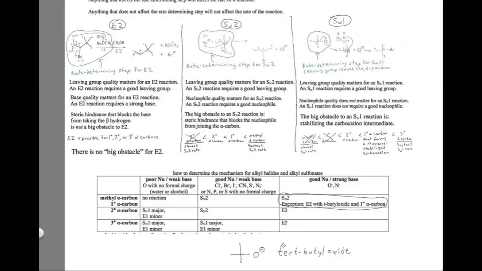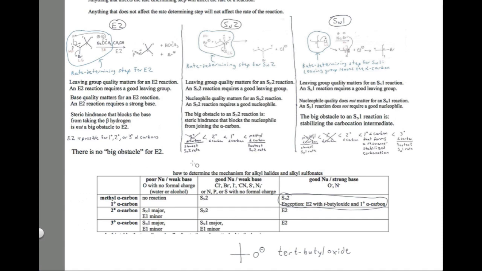Remember that the deeper reason here is if we used this tert-butyl oxide as a nucleophile, it would have to actually join the other molecule. And the methyl groups get in the way and prevent the O- from getting close enough to join the other molecule. But if we use the O- as a base, it doesn't have to get close enough to join it. It only has to get close enough to take a hydrogen from the other molecule.